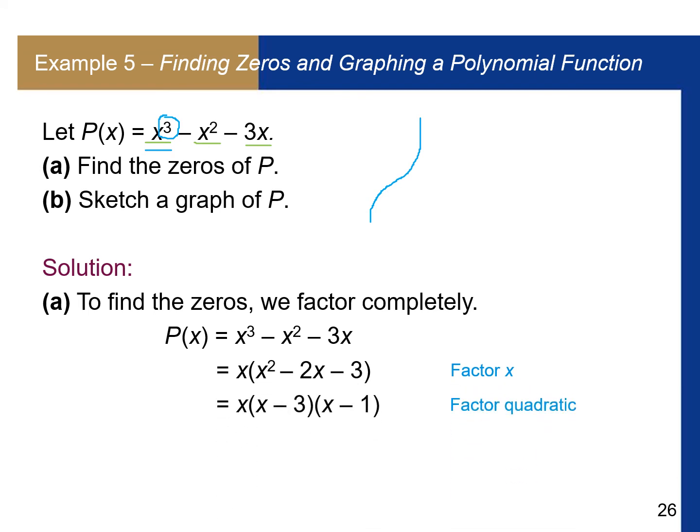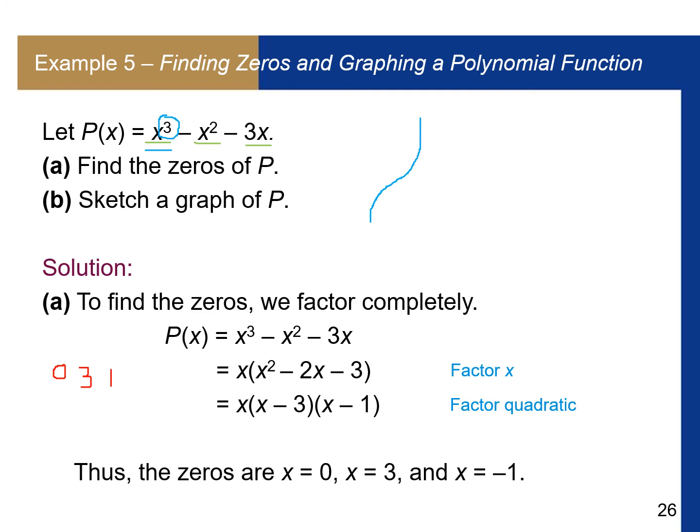So you can see here that now I have zeros that are 0, 3, and 1. If I put any of these in down here, I will get 0. So those will be my zeros.